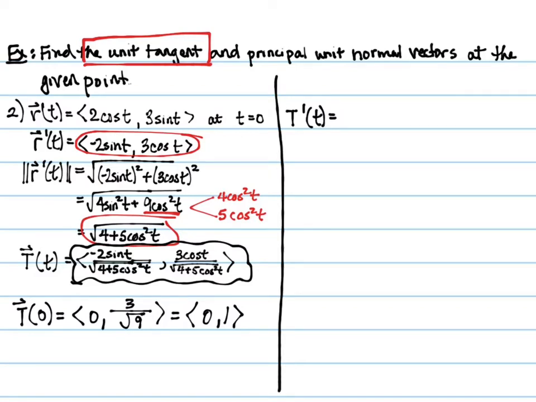It really is. So if I do the derivative of this, I would do the denominator, 4 plus 5 cosine squared t, times the derivative of the numerator, which is negative 2 cosine t. I'm definitely going to run out of space. I think I'm going to have to go to the next screen. I just need bigger screens.